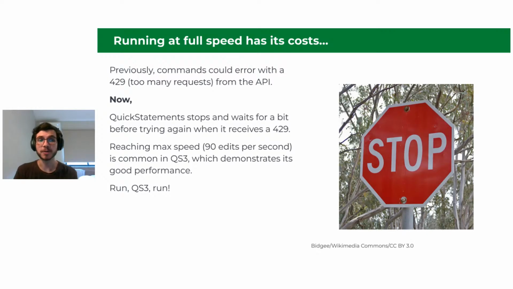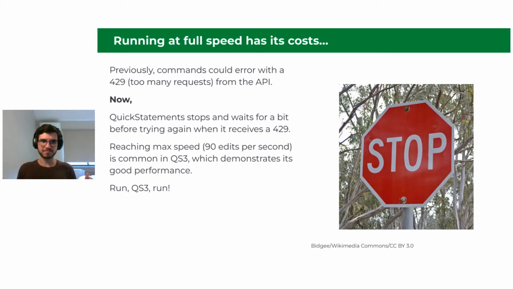So we are constantly reaching max speed. The maximum speed of edits in Wikidata and most wikis is 90 edits per second. So you are constantly hitting that speed. That was a problem that we had to solve. But the fact that we were hitting that speed so often demonstrates QuickStatements 3.0's good performance.